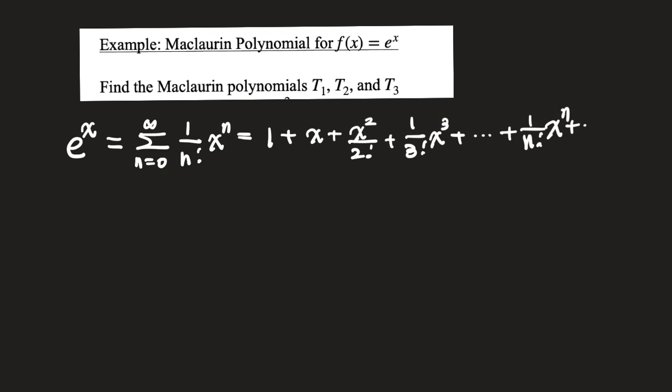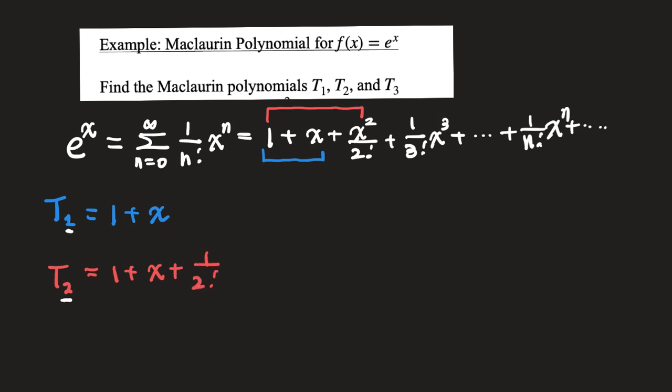When you expand this power series, it's 1 plus x plus x squared over 2 factorial plus 1 over 3 factorial x cubed, and so on, up to 1 over n factorial x to the n. That's the Maclaurin series for e to the x.